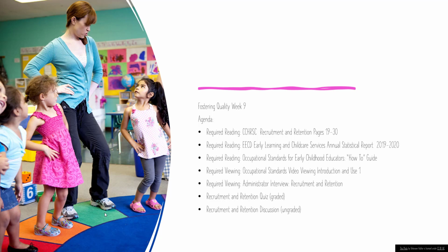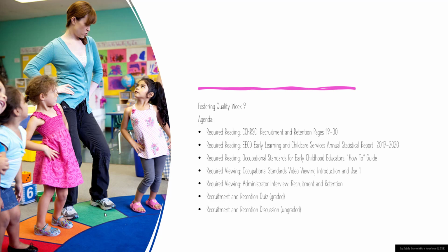So some of the required readings would be around the CCHRSC recruitment and retention document, and so that would be pages 19 to 30. I have included the New Brunswick EECD Early Learning and Childcare Services Annual Statistics Report from 2019 and 2020. I think it's really interesting to see how EECD begins to gather statistics from the early learning and childcare sector.